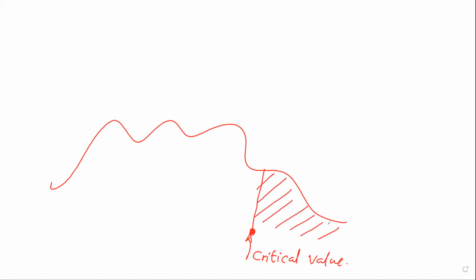If you have some distribution, let's say this is your critical value or table value. I don't know how you learned that critical value. The value that you keep either to reject H0 or accept H0. So let's say you are considering the upper tail as the rejection region. Okay, this is the rejection region.